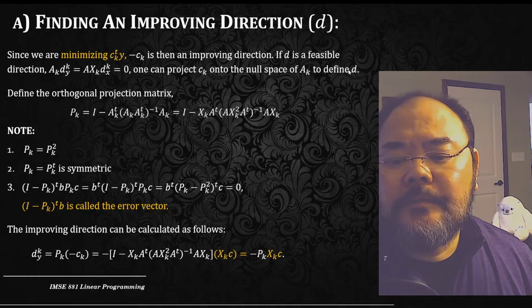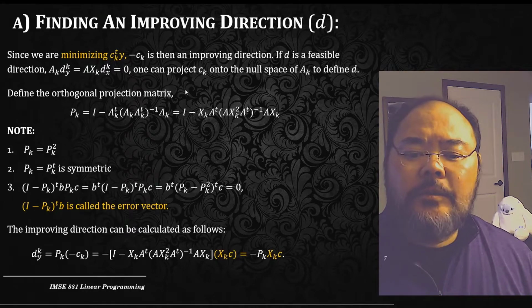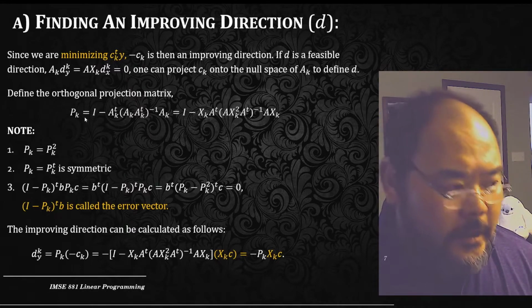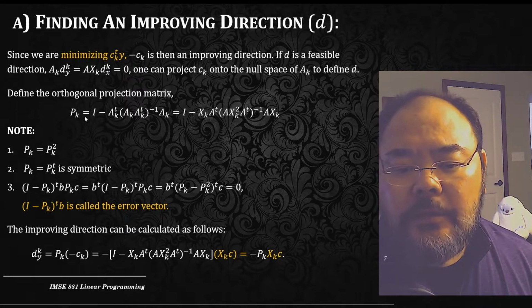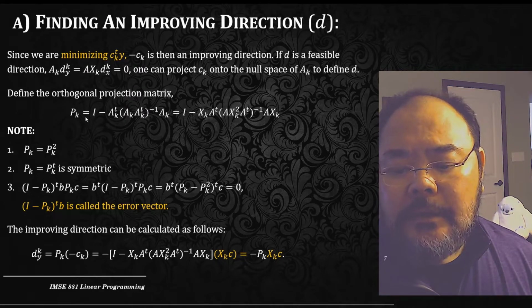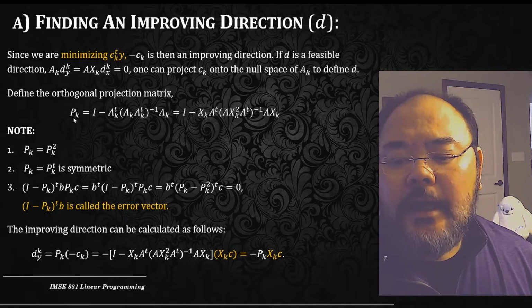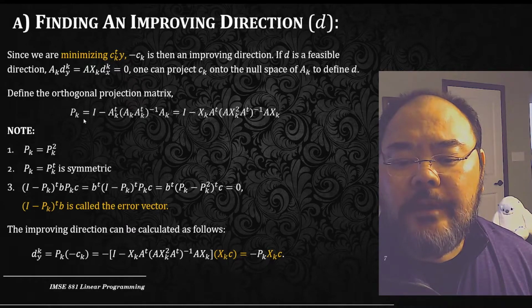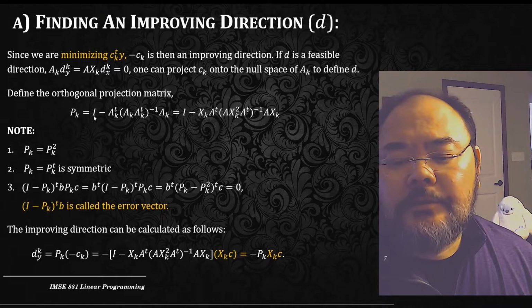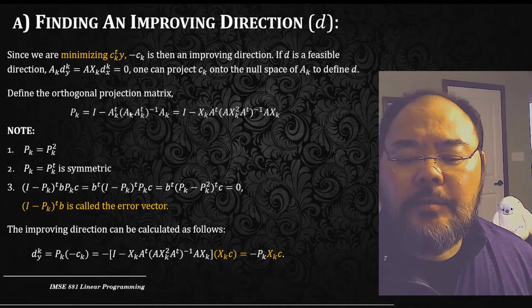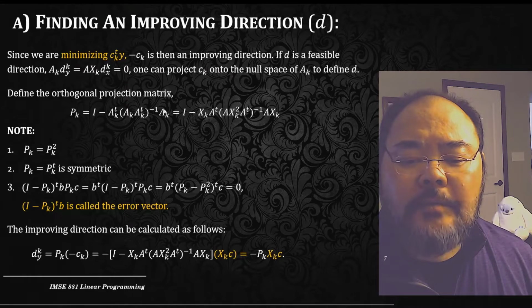This orthogonal projection matrix, we're going to see the geometric illustration in the next slide, is PK. P sub k is the projection matrix, equal to I matrix minus AK transpose times AK times AK transpose inverse times AK.